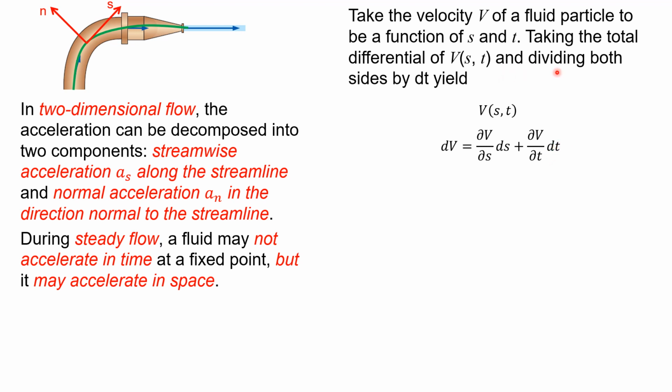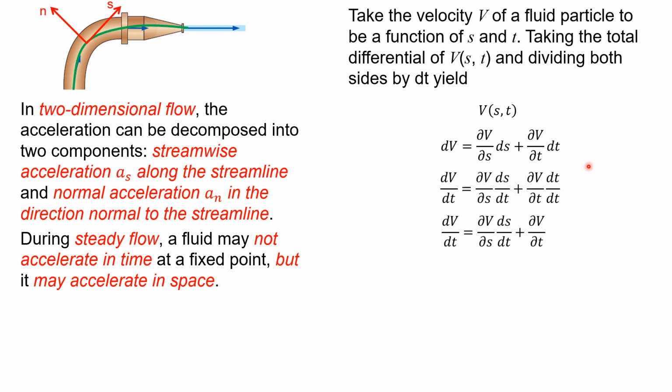So you are dividing both sides by dt. Okay, so you will get this formula from this derivation. Once you divide by dt, you can divide ds by dt and dt by dt.